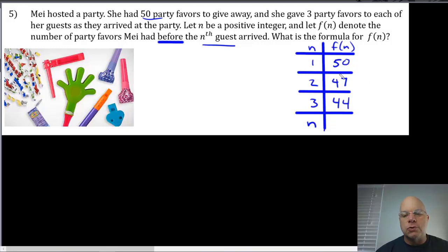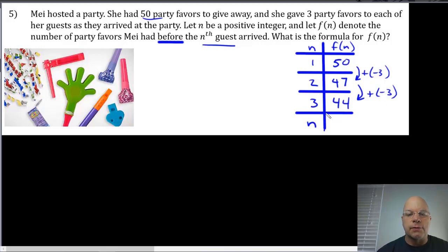There's a couple different ways to write this rule. This is clearly an arithmetic sequence because from one term to the next, we're subtracting 3, or adding a negative 3, for each successive term.